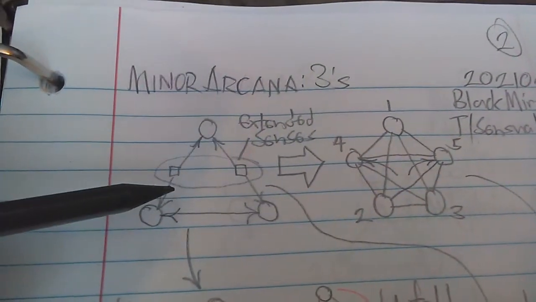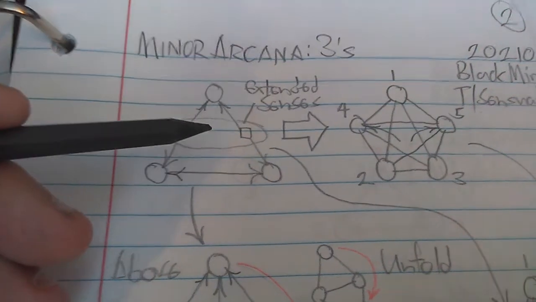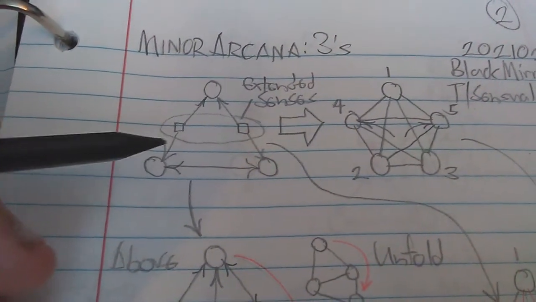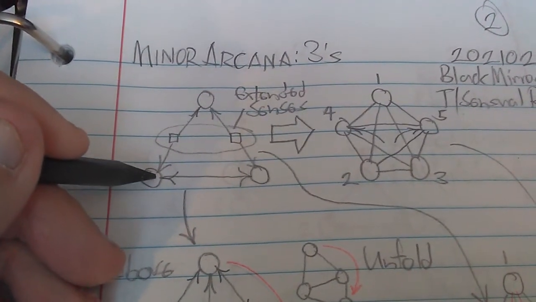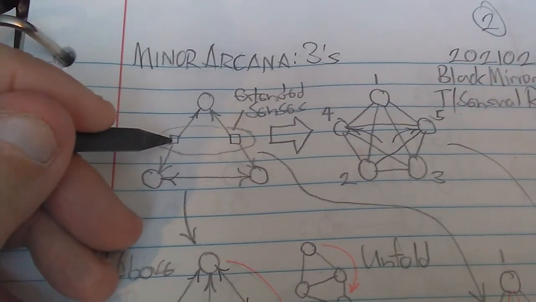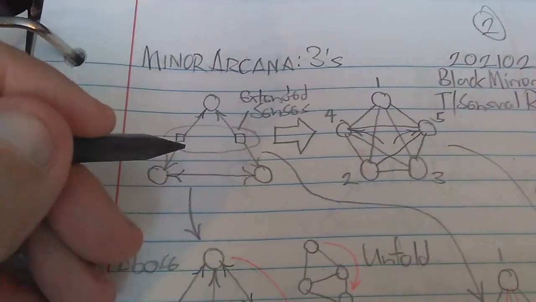But as we continue to read the tarot, as we continue to develop our sensibilities and our appreciation of the tarot and the forces it represents, we actually can extend or increase our perception closer to the source.